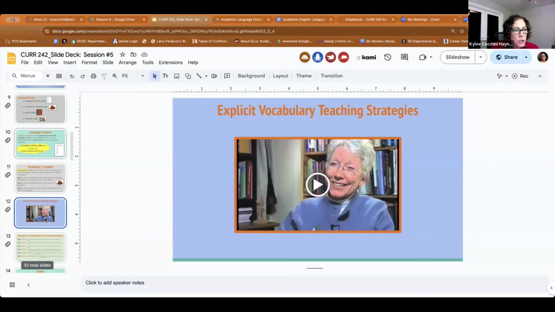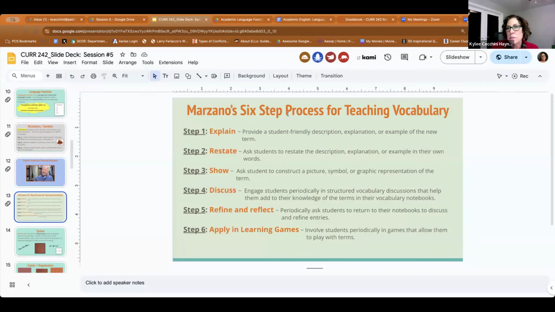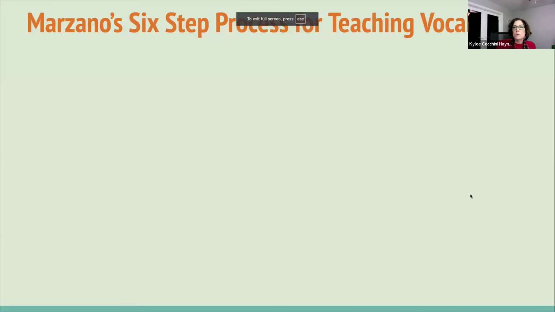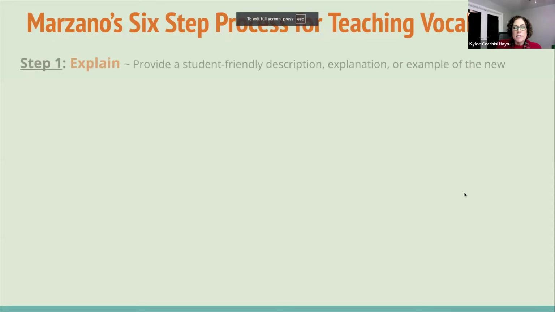I want to show you Marzano's steps for teaching vocabulary. So one way of teaching those words that are essential to your students' understanding of the subject, or your students' understanding of what you want them to do and how you want them to show their learning.